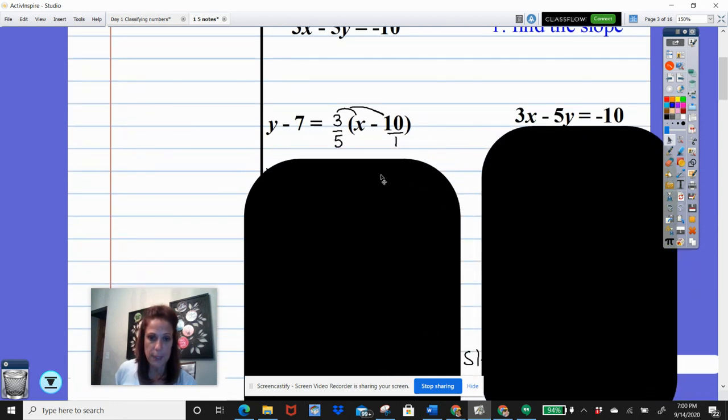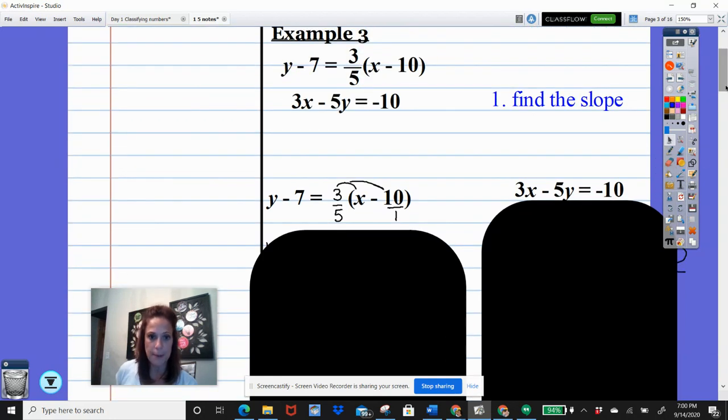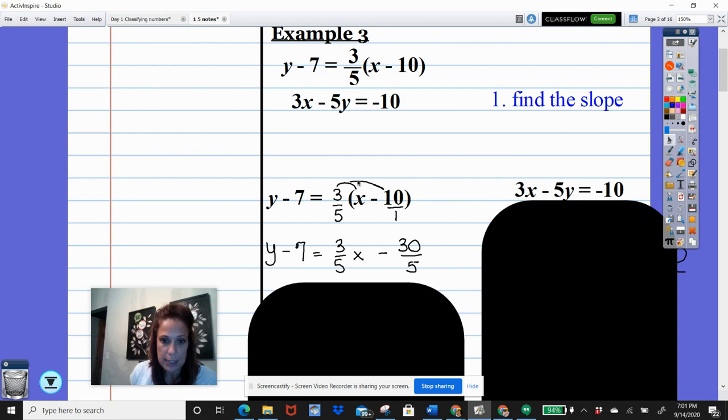So because I know what the answer is, I'm going to do a little bit more work up front. So I'm going to simplify, do some algebra to move the point slope form into slope intercept form. So what I have to do is I have to distribute that 3/5. And to distribute the 3/5, I put the 10 over 1 so that I can multiply the 2 fractions together. 3 times 10 is 30, 5 times 1 is 5.